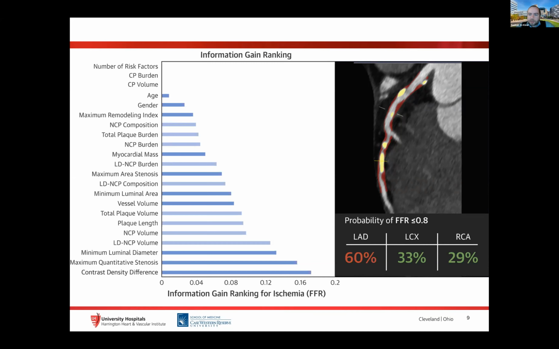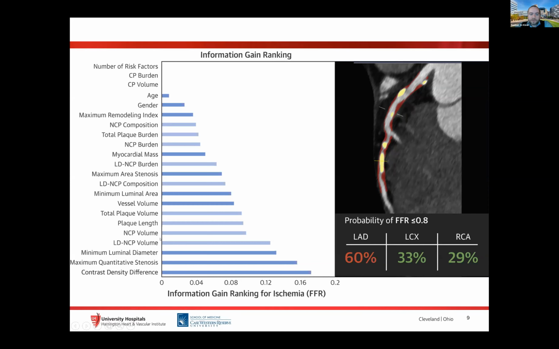In this study, they acquired a lot of different features from the plaque, the stenosis, and the myocardial density supplied by this blood vessel, and they were able to identify the probability of FFR less than 0.8, which is hemodynamically significant. As you can see, the features that turned out to be important are not necessarily the ones we typically think of, but contrast density difference turned out to be important. Obviously, age and gender too.